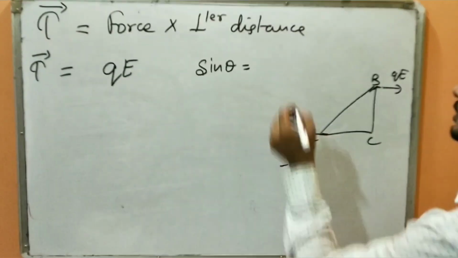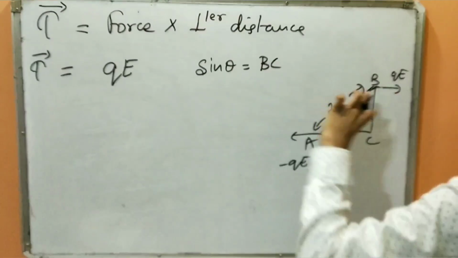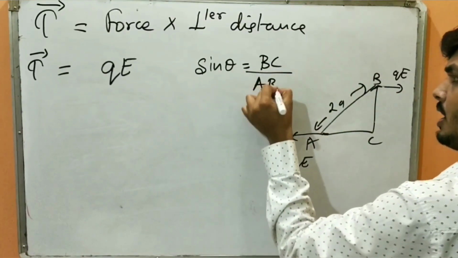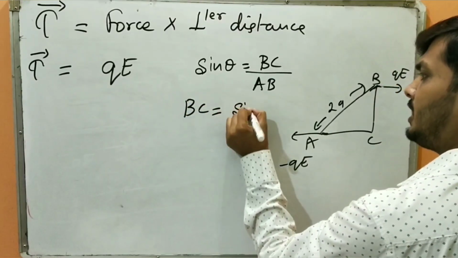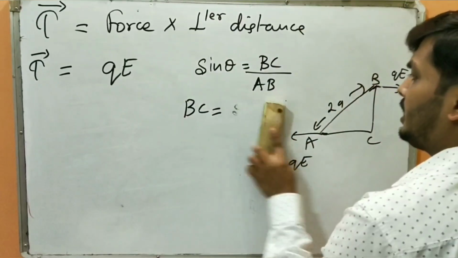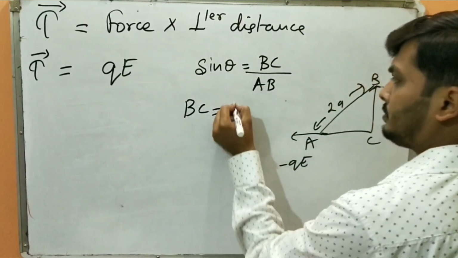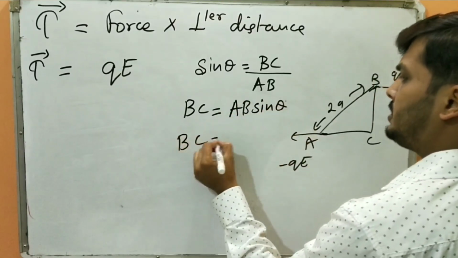Opposite upon hypotenuse, that is BC divided by AB. This distance was 2a, okay? Correct. So from this, BC equals AB sine theta. I'll write it as AB sine theta.